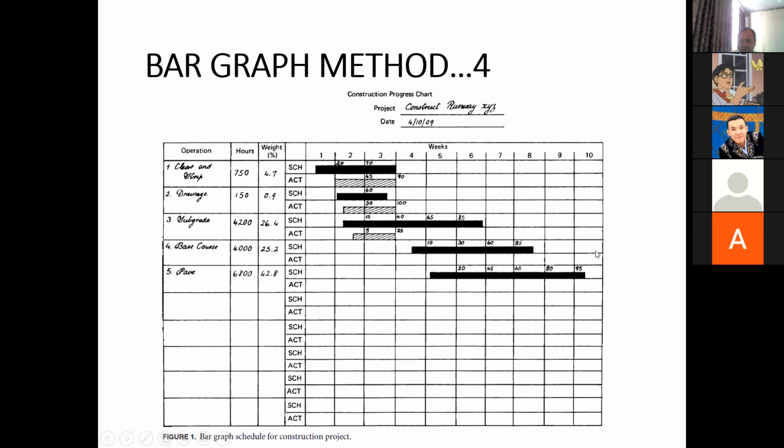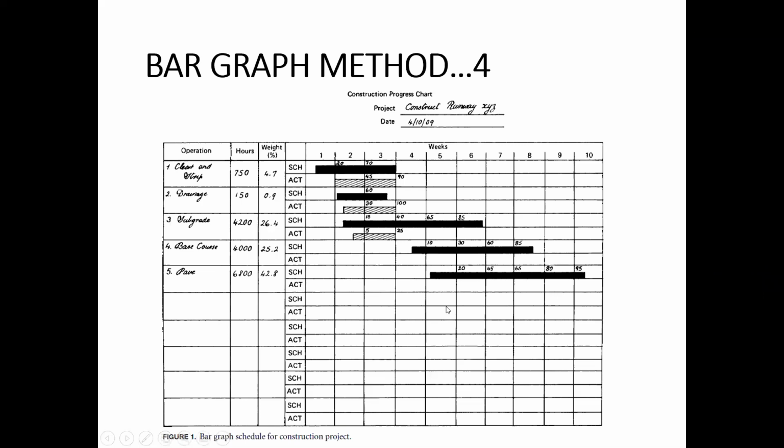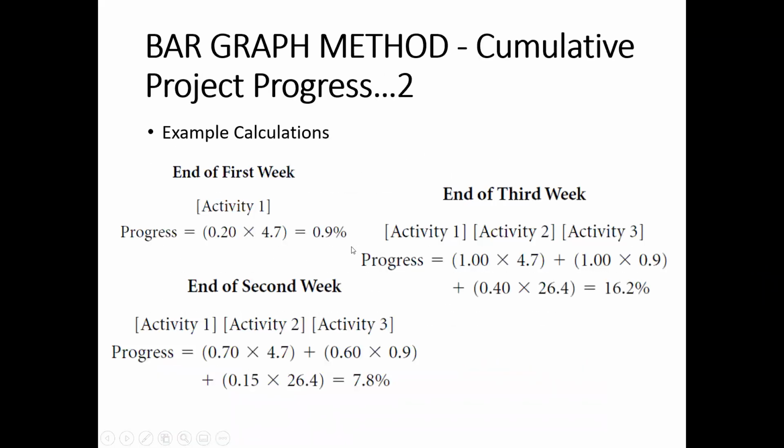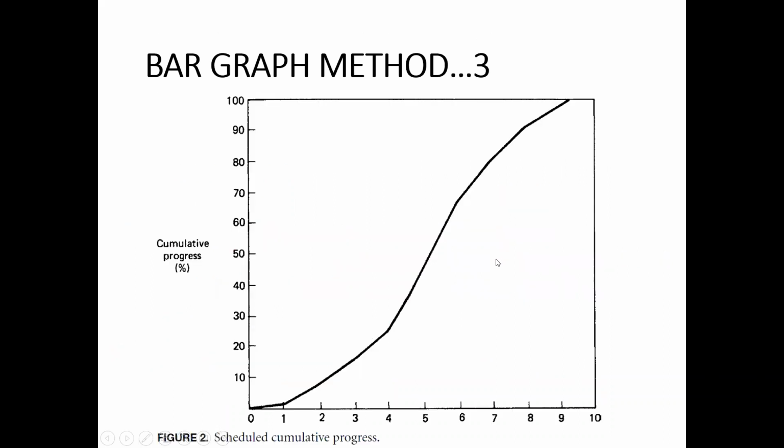So in this case, you can see that in a very simple bar graph, you can get a very detailed overall picture of the project. That was the cumulative project progress: end of the first week, end of the second week, end of the third week. I think I have already explained it.